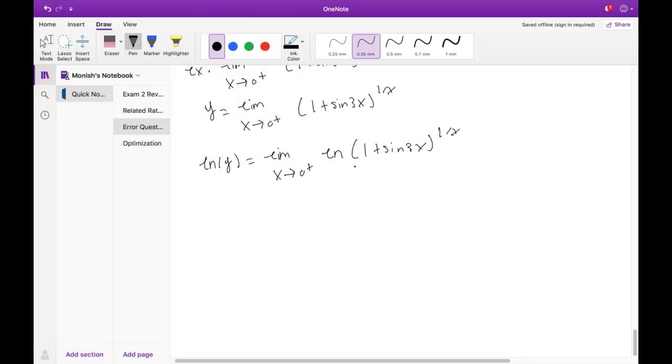So I just put it immediately in front of where I need it to be. So ln of y equals the limit as x approaches 0 from the right, and I'm going to drag this 1 over x to the front: ln of 1 plus sine 3x.